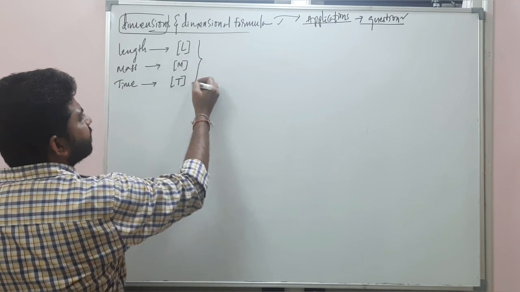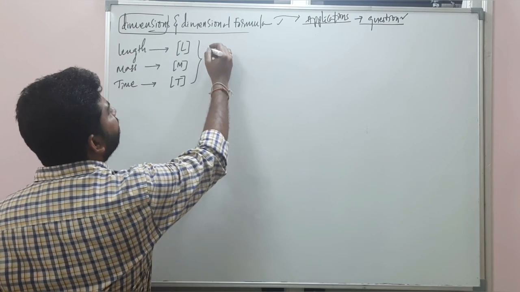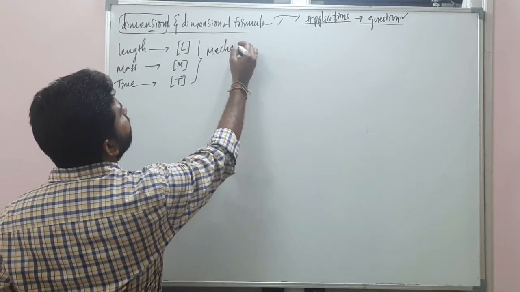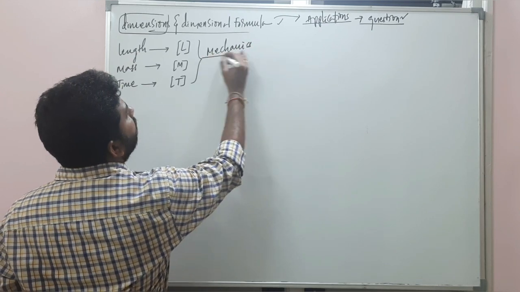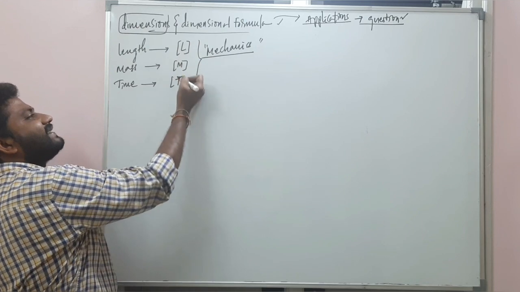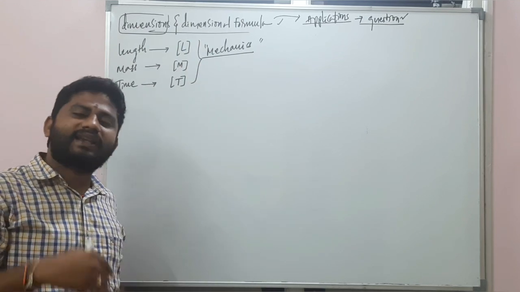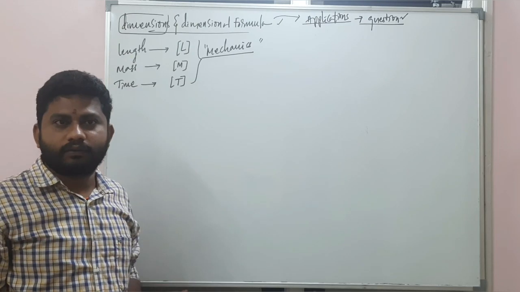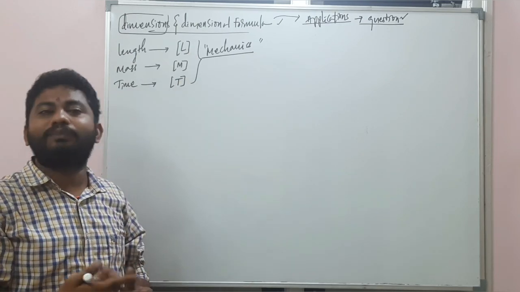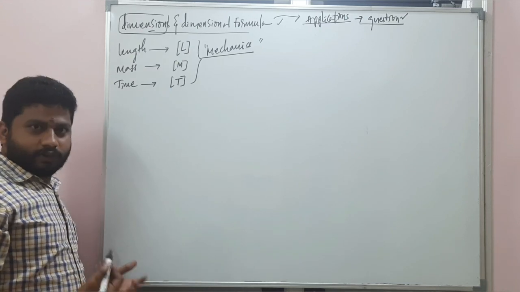As you are just starting your first PUC, we will be considering these three physical quantities and these dimensions only in this class. Not only in this class, in most of this chapter, these three quantities only we will be using most of the times, okay?